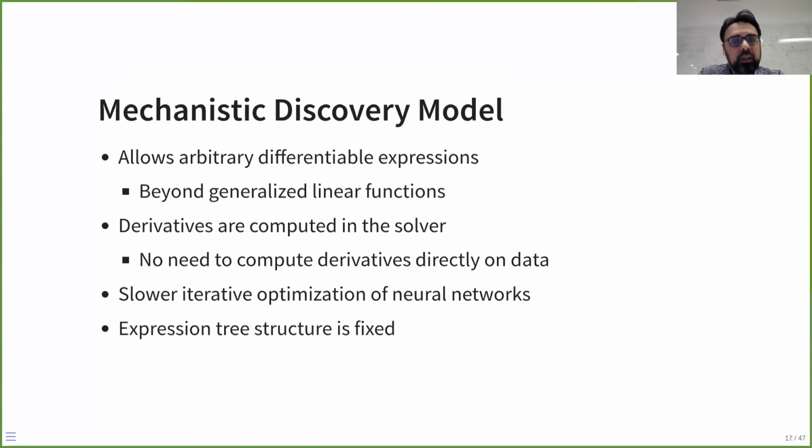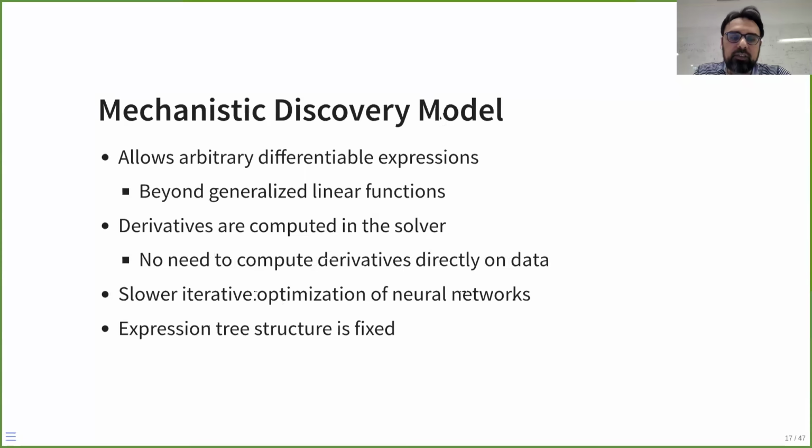So what are some features of this? First, this allows arbitrary differentiable expressions rather than just generalized linear functions, which are a feature of SINDy. The other thing is that derivatives are computed in the solver rather than numerically computed directly over the data.